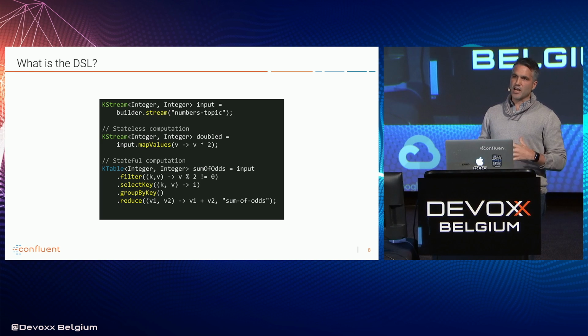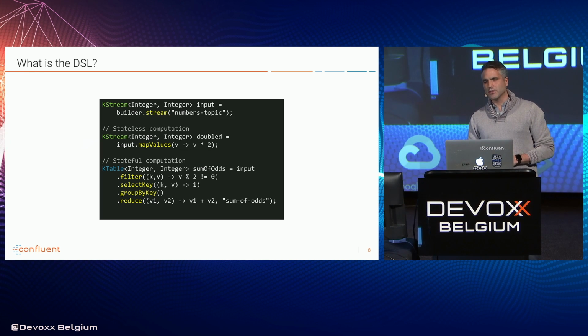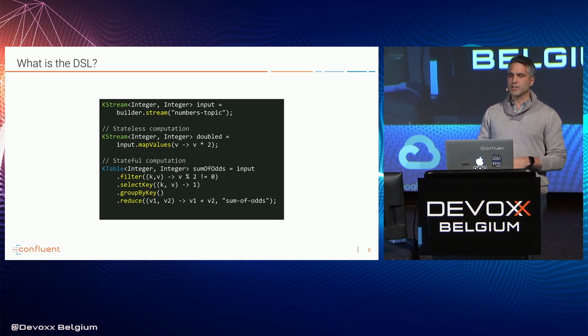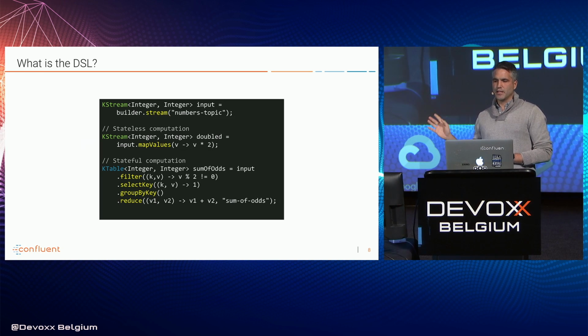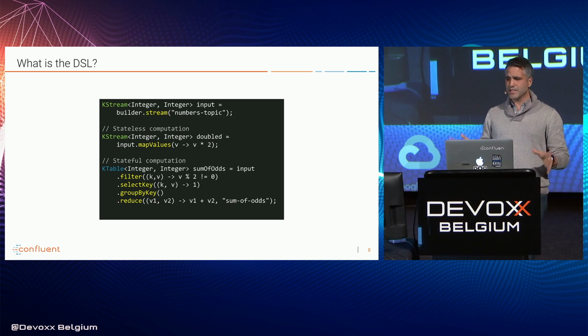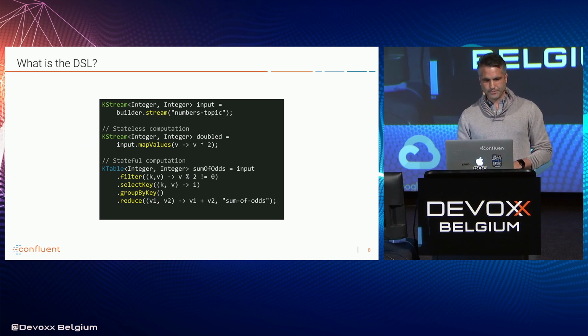We're simply doubling all the input integers coming down the stream and outputting that to another Kafka stream called doubled. Below that, you can see an example of stateful computation. So this is where the framework is gathering together and managing state for you in order to do the processing. You can see we're filtering out, getting all the odd numbers, and then simply summing them all together at the end.